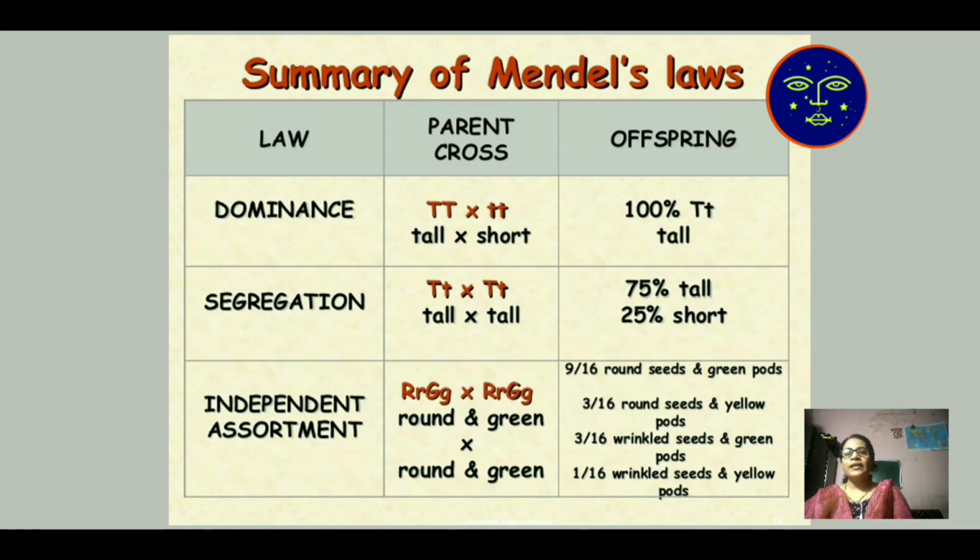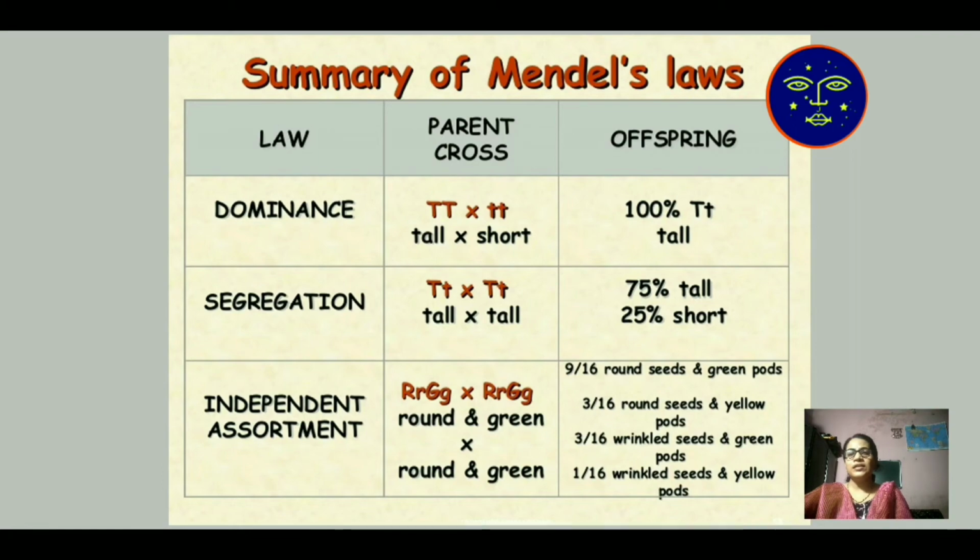Here is the independent assortment experiment, which comes from Mendel's dihybrid cross. When a round yellow plant is crossed with a wrinkled green plant, the result is 16 possible outcomes: 9 are round seed with green pod, 3 are round seed with yellow pod, 3 are wrinkled seed with green pod, and only 1 is wrinkled seed with yellow pod.